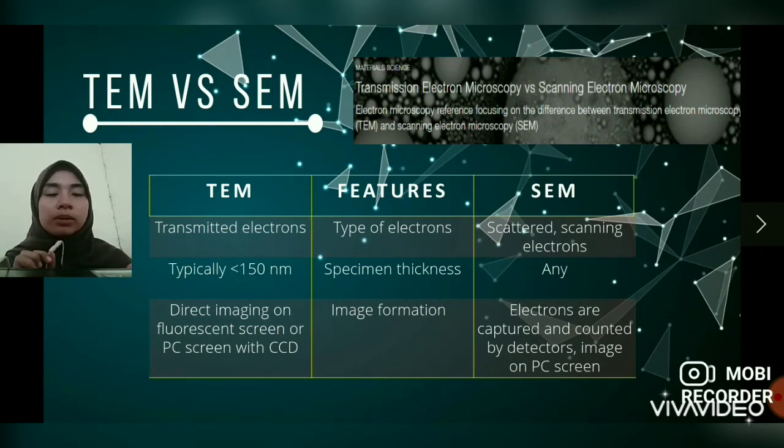For image formation, TEM has direct imaging on a fluorescent screen. As I stated before, why use a fluorescent screen? Because it is perceptible to the human eye. While SEM uses electrons captured and counted by detectors, with the image on a PC screen.